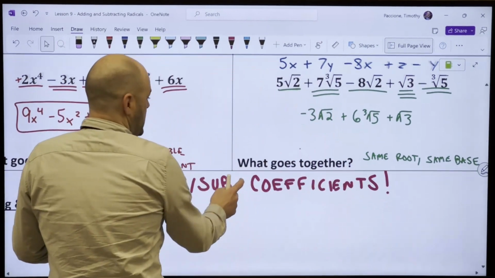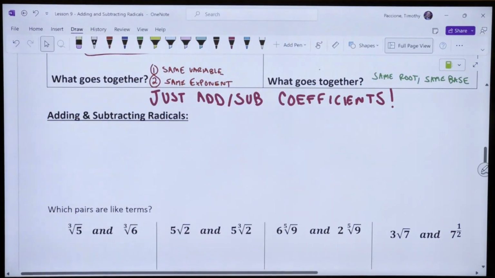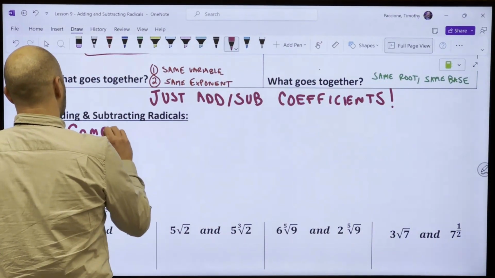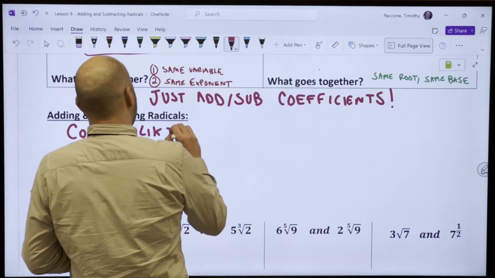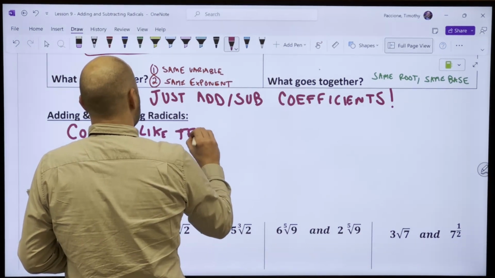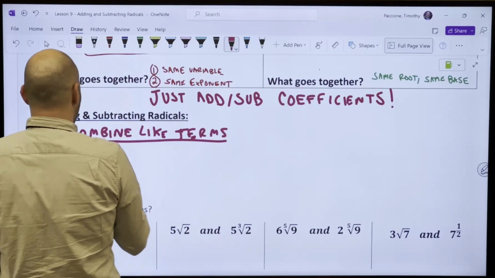Okay, so let's just summarize real quick. If we're adding and subtracting radicals, we are combining like terms. And just like with non-radicals, we're looking for two things.